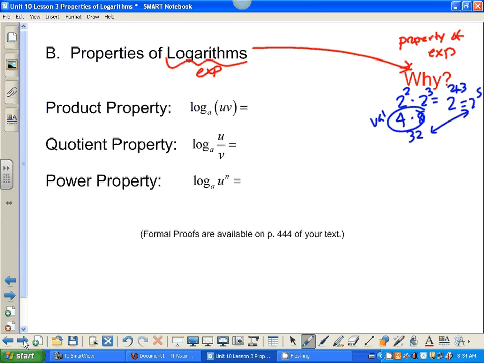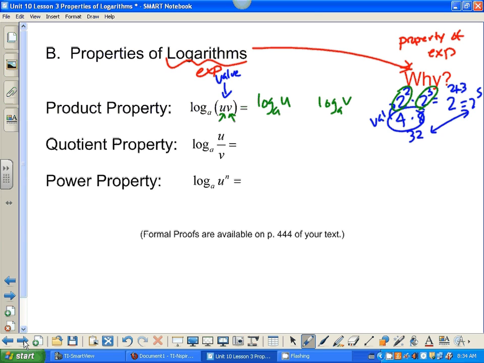So I wanted to give you a concrete example because when you see something like log base a of u times v, these are values being multiplied, just like 4 times 8 were values being multiplied. So what I can do is break it down into their individual parts. 4 came from 2 squared, 8 came from 2 to the third. So I'm going to give this value of u its own log base a, and I'm going to give v its own log base a.